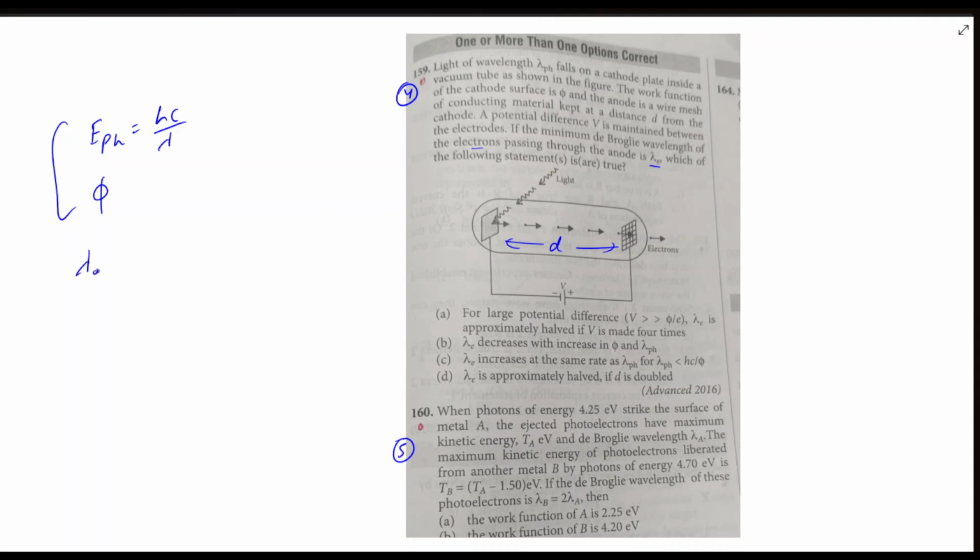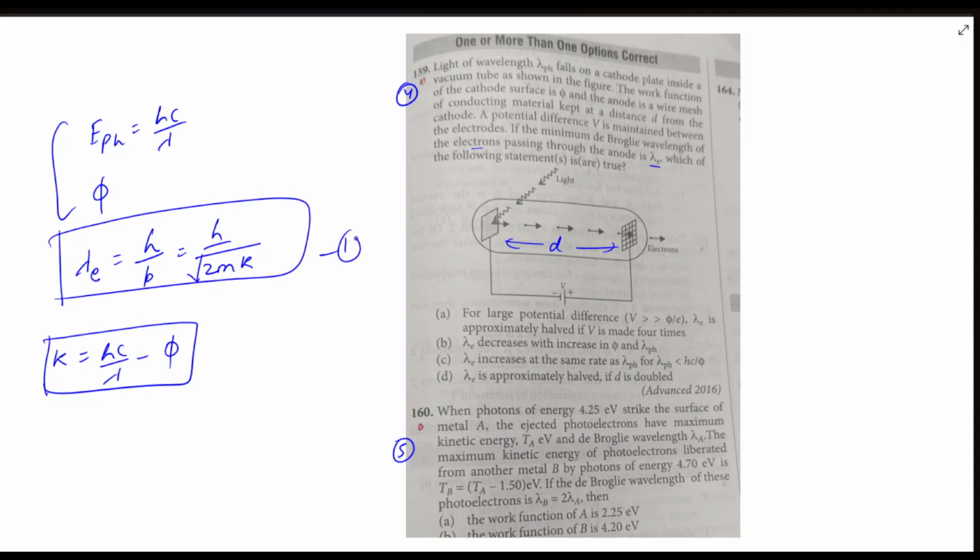We have to find the de Broglie wavelength of the electron. It will be h upon p, which is h upon root 2mK, where K is the kinetic energy. And how can we find the kinetic energy? It will be hc upon lambda, the energy of the photon, minus the work function. So we have these two equations, this is first, this is second.